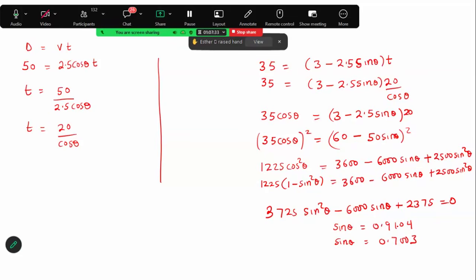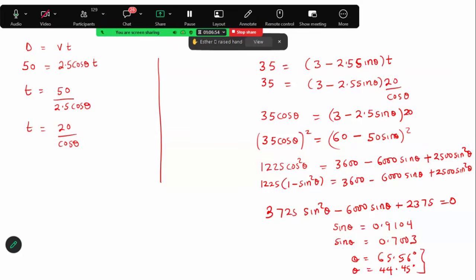And when you go on to get the values, sine inverse of 0.9104, you'll get your answer. You'll get what? You'll get your answer here as theta equals 65.56 degrees. Then the other theta would be sine inverse of 0.7003, which is 44.45 degrees. Now, these are the possible two courses you can steer the boat.